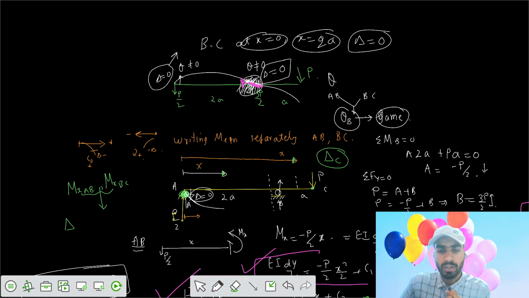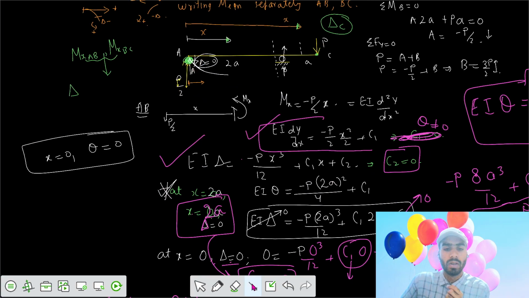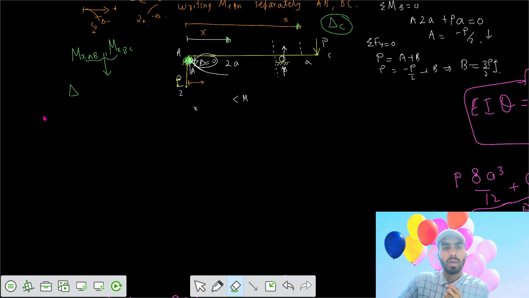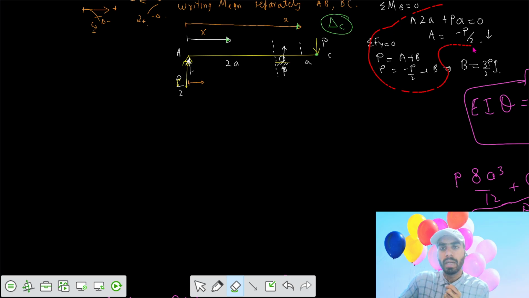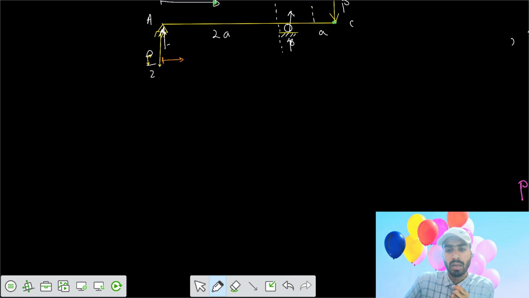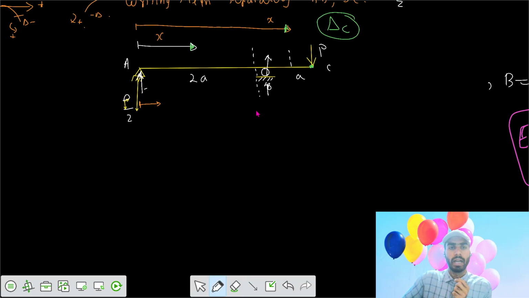Now we have to write the equation for CB. We got the value of B equals 3P by 2. Let's take the equation at any x, Mx.